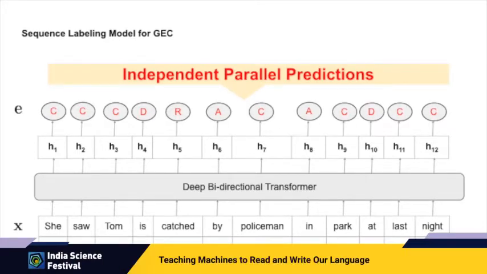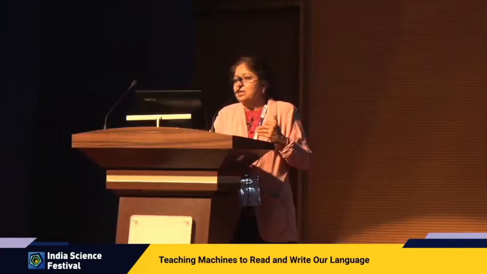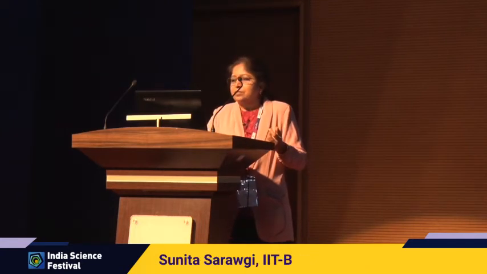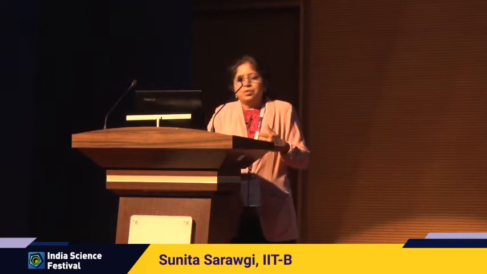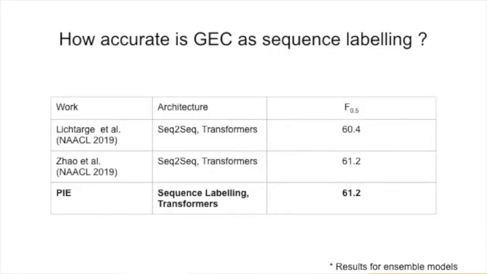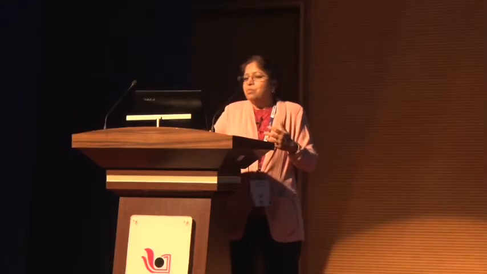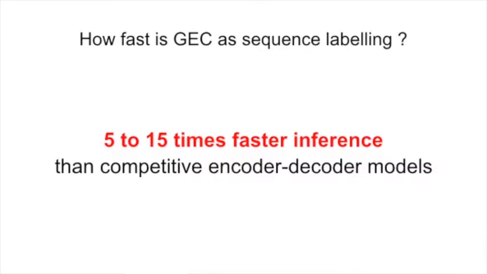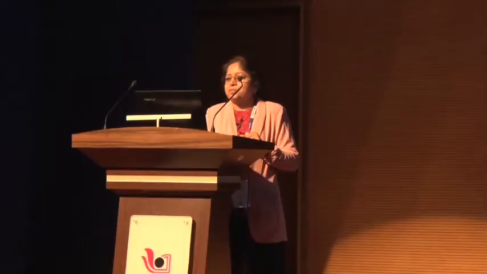So we generate these edit commands, and now you can just apply these edits on the sentence and get the correct sentence. Using this much simpler model, we are able to get comparable accuracy to the more expensive sequence to sequence models. And more importantly, we are able to do grammar error correction at 5 to 15 times faster speed than the more expensive sequence to sequence learning models.